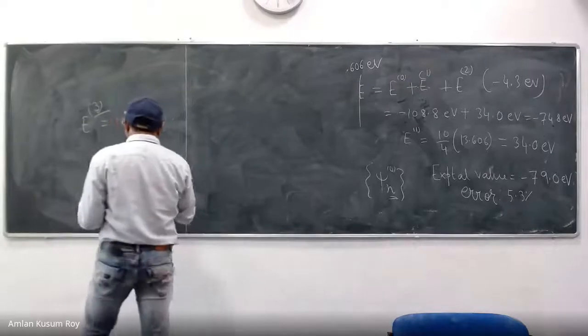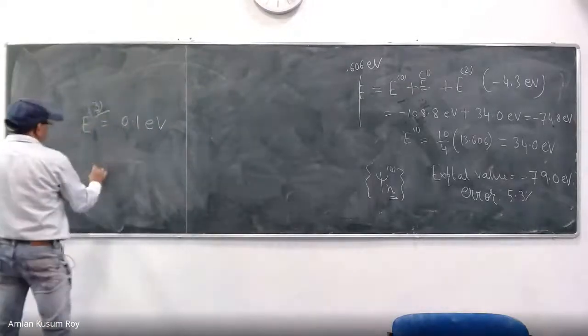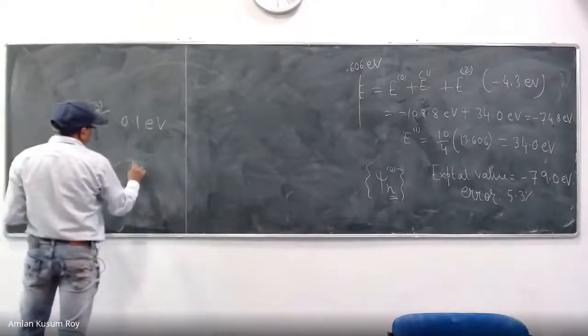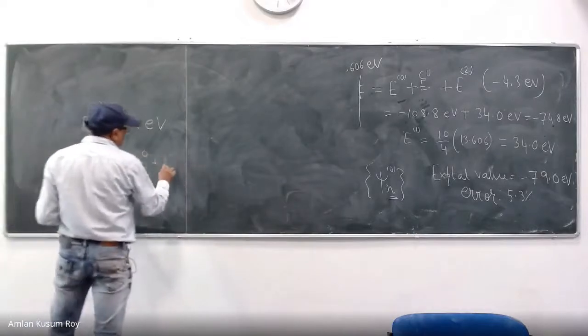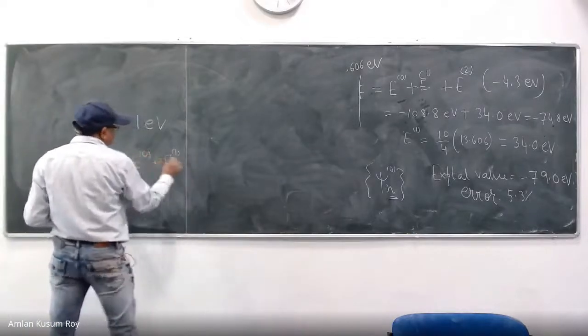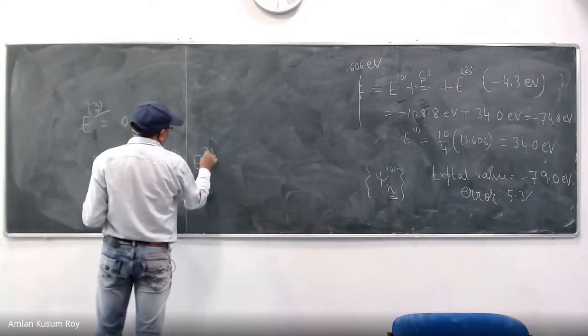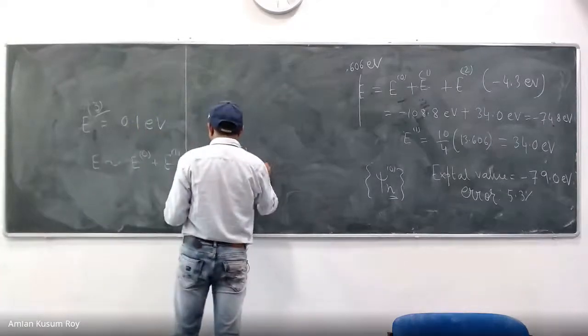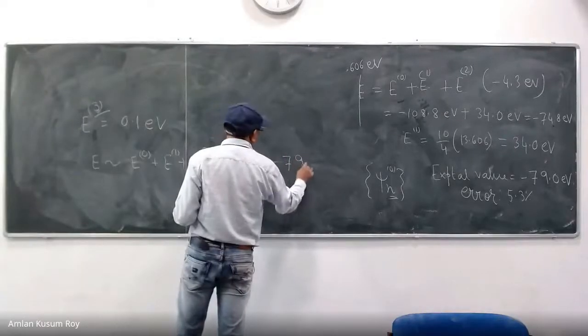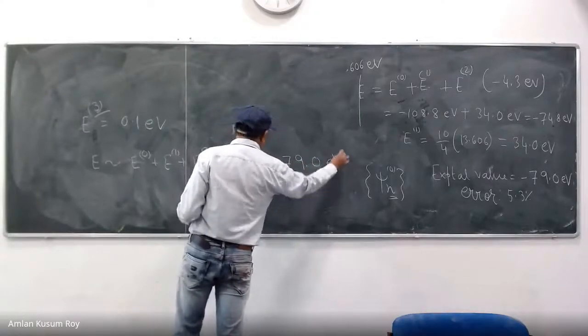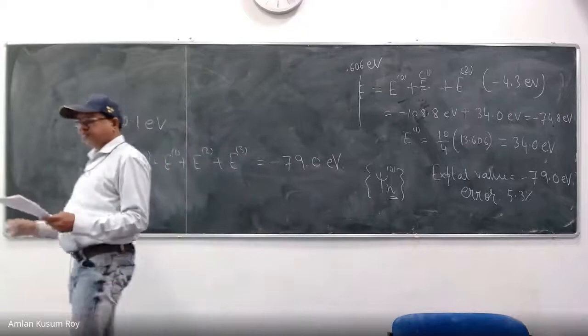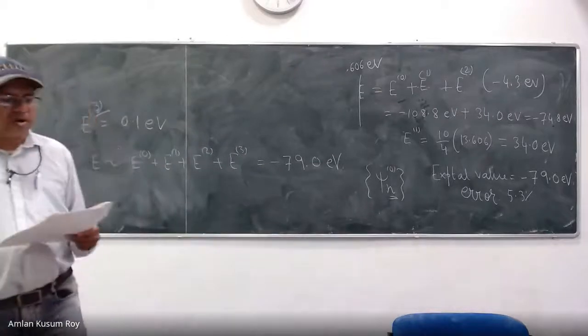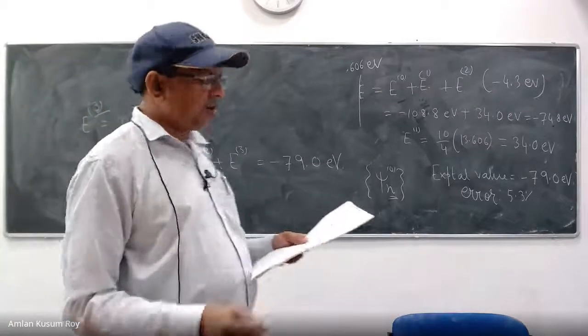So up to the third order, E0 plus E1 plus E2 plus E3, it gives you minus 79.0 electron volt, which agrees within 0.1 electron volt of the experimental value.